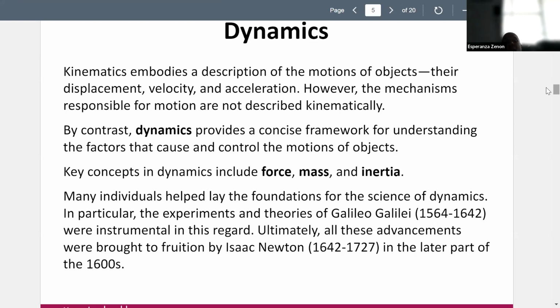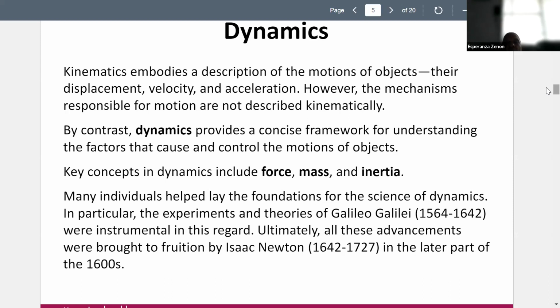So we're moving from kinematics to dynamics. And in fact, I will say we're not moving from kinematics, we're just adding to our description a dynamics perspective or dynamics description of motion, right? So when we're going to describe a moving object using a dynamics description, we focus on things like force, mass, inertia, okay?